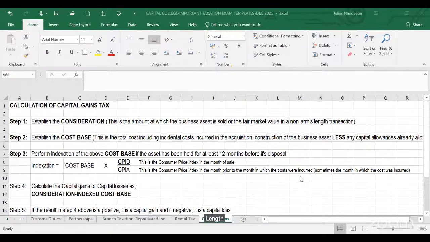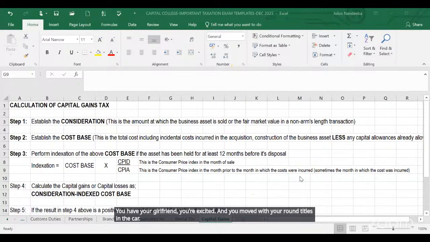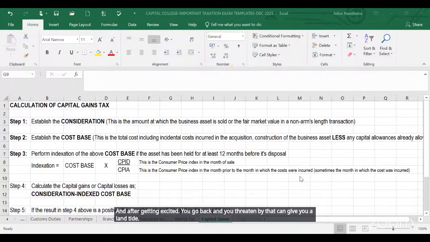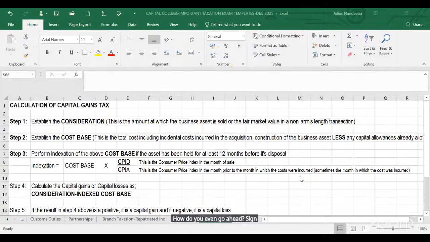Or if the transaction was made in kind. I normally say these jokes. You have your girlfriend, you're excited, and you moved with your land titles in the car. And after getting excited, you go back and you're threatening, by that I can give you a land title. And you even go ahead and sign off the transfer forms.